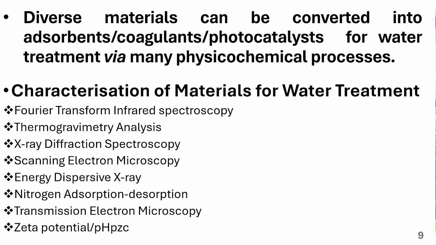So, chemical process, physical process, and the combination of the two processes can be used for treatment of material to produce useful material for water treatment.